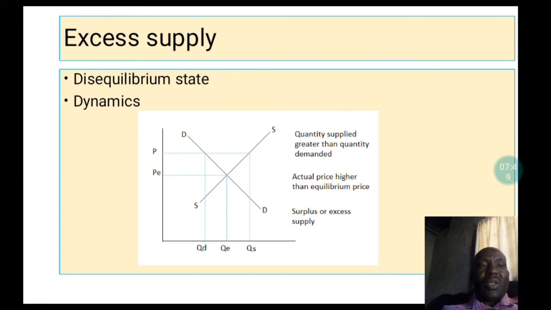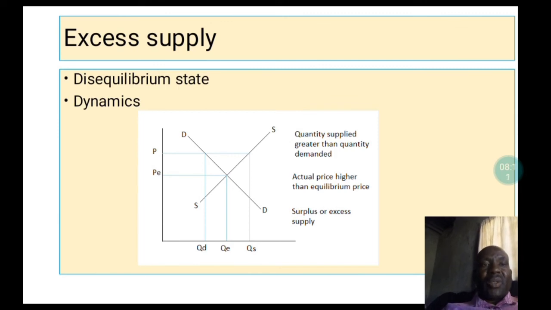So you're going to have a state of equilibrium, which applies to statics. But the current position that we have on the diagram can be referred to as dynamics. Okay, this is economic dynamics because there is movement, which is aimed at restoring equilibrium in the market.